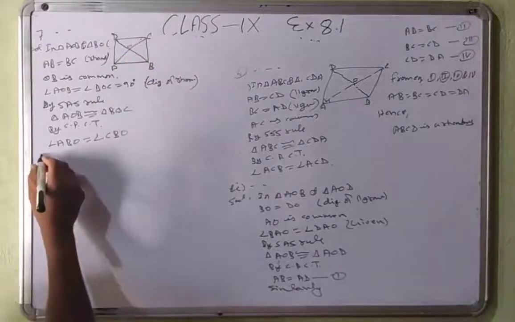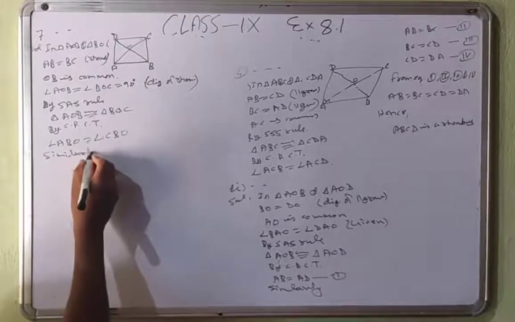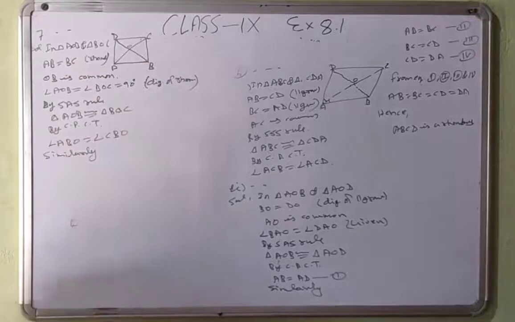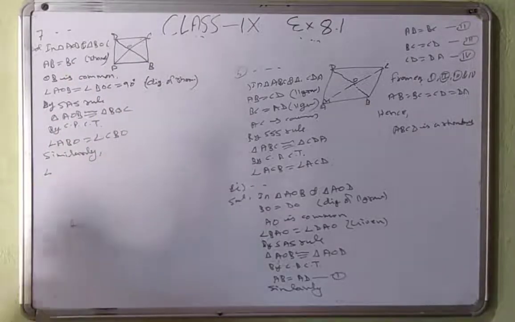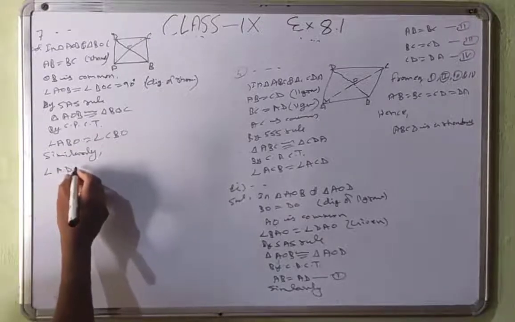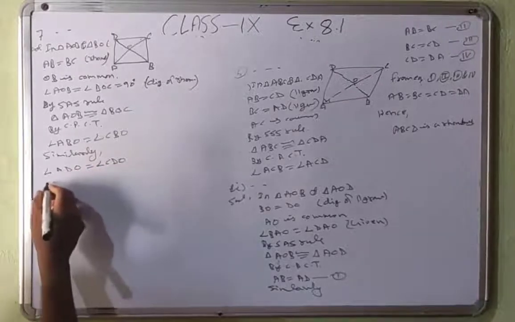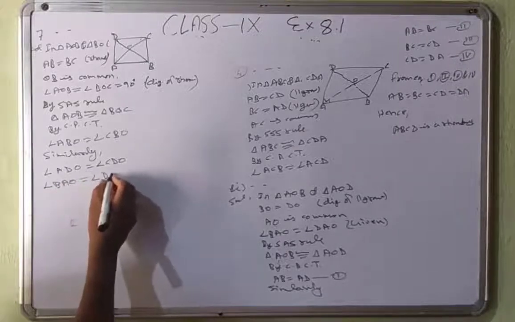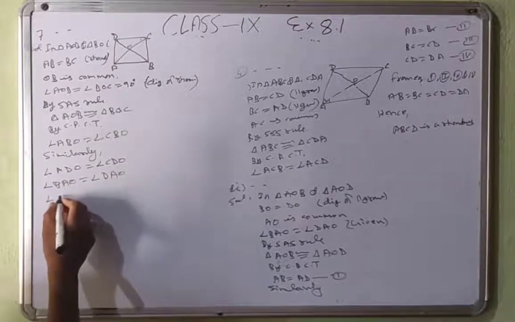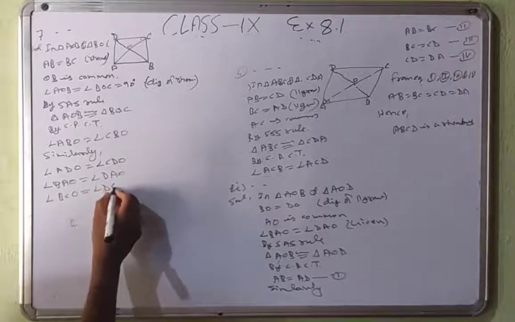Similarly, we will do the same steps, that means similarly angle ADO is equal to angle CDO, angle BAO is equal to angle DAO, angle BCO is equal to angle DCO.